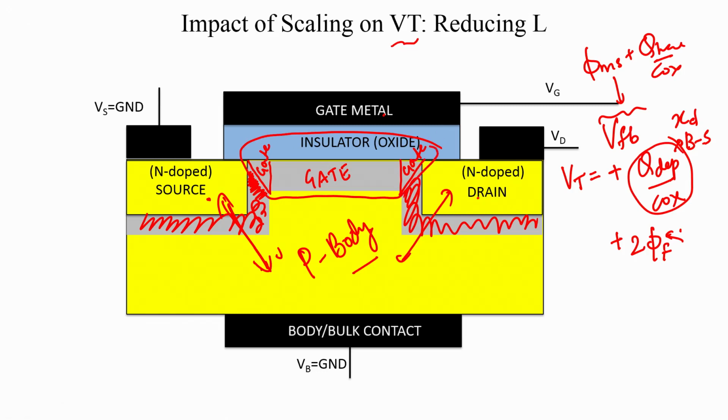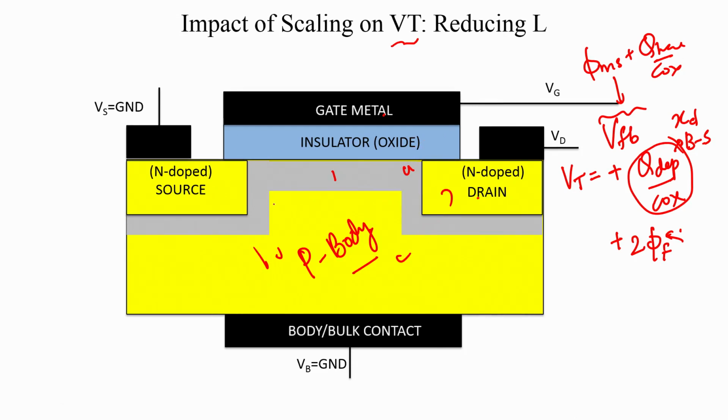Now, if it is a long channel device, these regions are a negligible portion of the entire area the gate has to deplete. So, if you have a very long channel device and you reduce the channel length by 5%, the gate is not going to see too much of an effect. What do you mean by long channel device? Long channel device implies that the distance between these two electrodes, the channel length, is much larger than all these depletion regions.